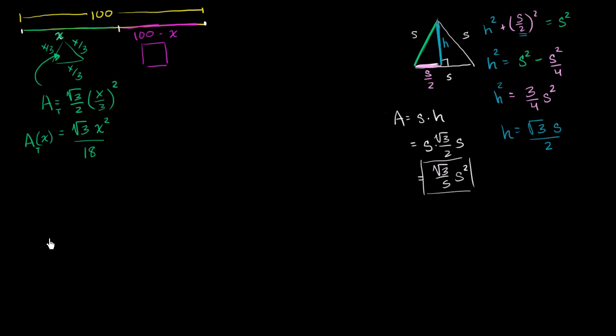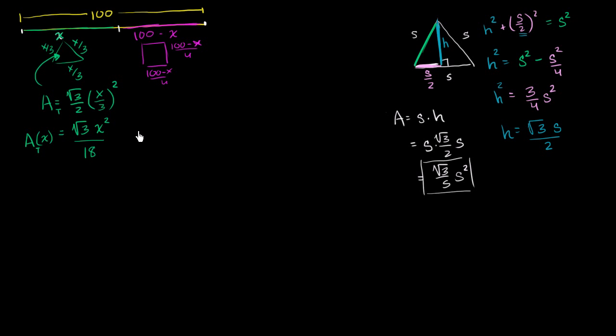Fair enough. Now let's do the area of our square as a function of x. So this is a little bit more straightforward. Each of the sides are going to be 1/4 of this. So they're going to be 100 minus x over 4. And then this is going to be 100 minus x over 4. So the area is just going to be 100 minus x over 4 squared.